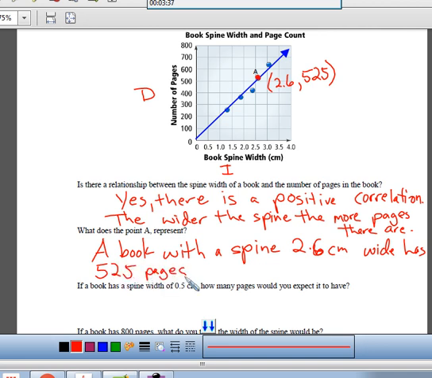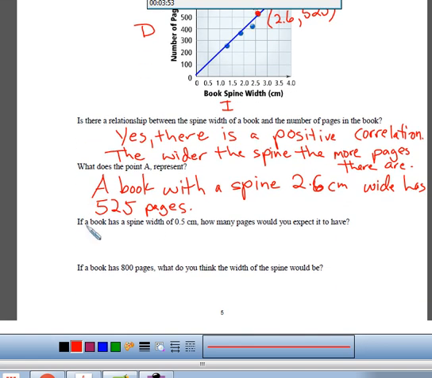Now I know this because I know the value of that point. If you did not know the coordinates of that point and you were guessing, then you would say it's about 2.6 centimeters and about 525 pages, or somewhere close to that. If a book has a spine width of 0.5 centimeters, about how many pages would you expect it to have?